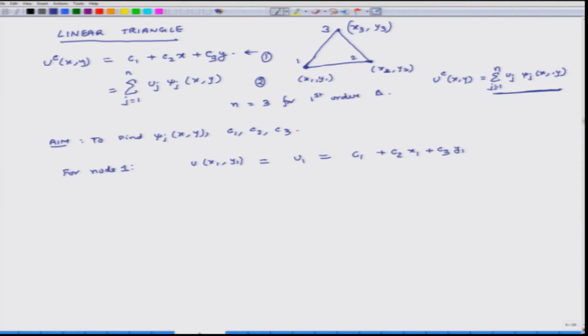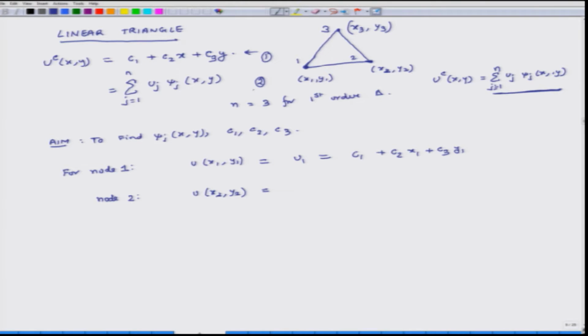Similarly, for node 2, u at x2, y2. Once again, the coordinates of node 2 are x2, y2.